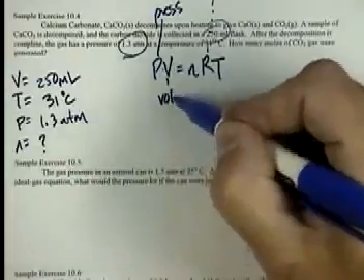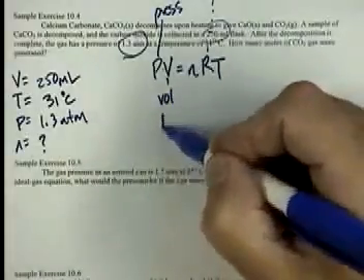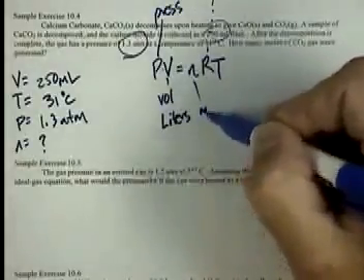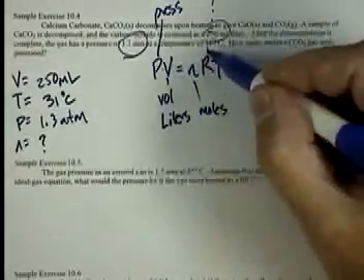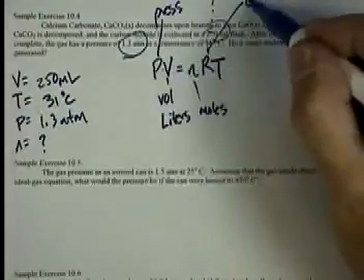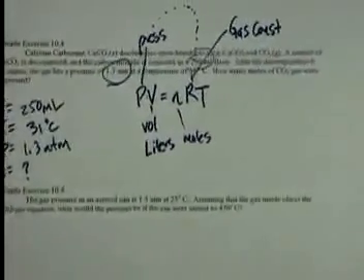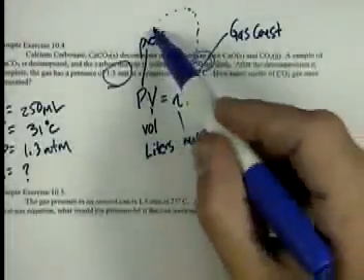V stands for volume. The volume generally has to be in liters. That's the safest. n stands for number of moles of gas. R is what's called the universal gas constant. And the gas constant has several different values depending on what the pressure is.